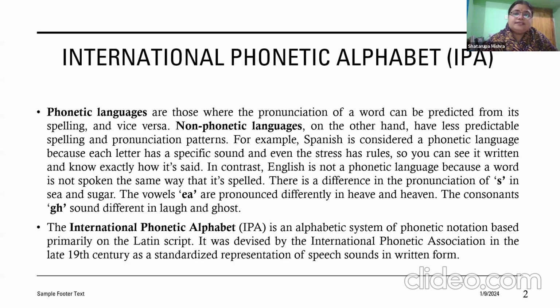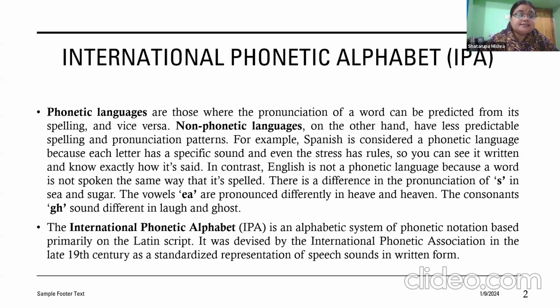What are non-phonetic languages? Where the spelling and the pronunciation of a word are not necessarily connected. So they have less predictable spelling and pronunciation patterns. For example, Spanish is considered a phonetic language because each letter has a specific sound, and even the stress pattern in a word has rules.